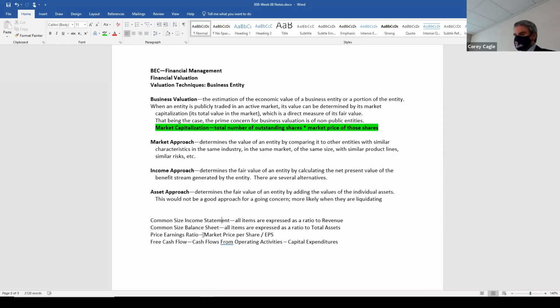They find that to be an important number for gauging the health of a company. Price earnings ratio is an important ratio for gauging the health of a company. Common size financial statements are just a good tool to give us a way to analyze things a little bit. All right, so just a few odds and ends here, really.